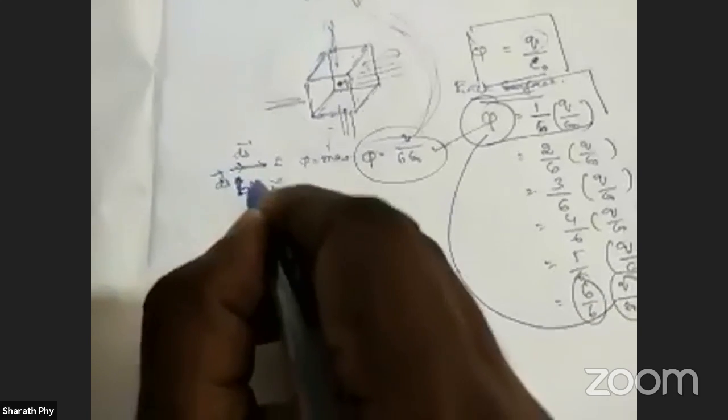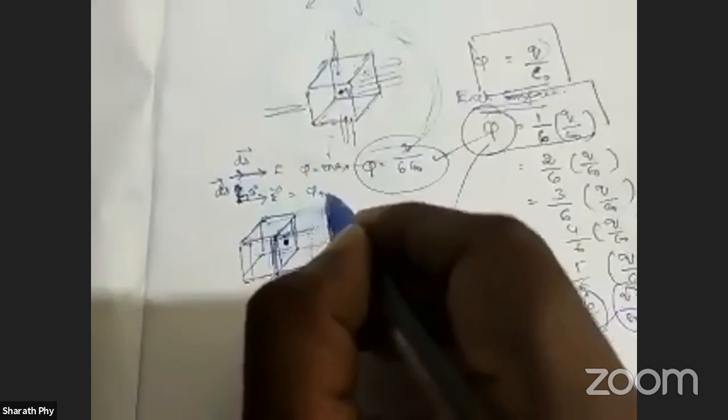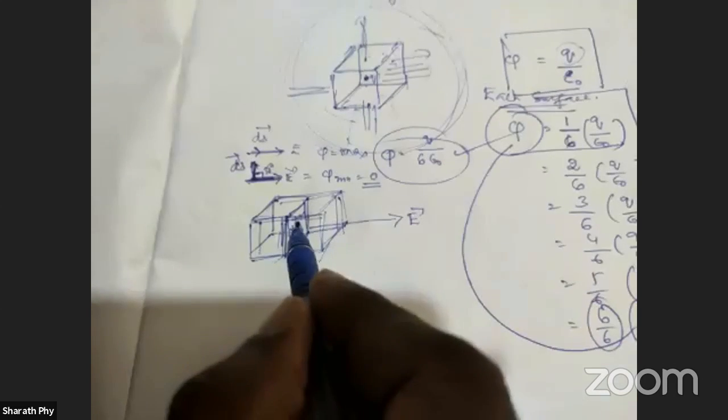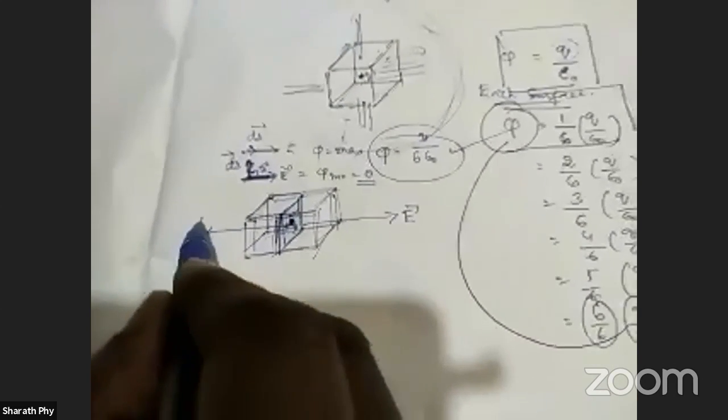If the electric field is in this direction and the surface vector is at 90 degrees to it, then phi is minimum, that is 0. Why? Because cos 90 is equal to 0, right? Let us see here. If we consider the positive charge here, the electric field line is coming out normally in this direction, and from here, the electric field line is coming out normally in this direction.